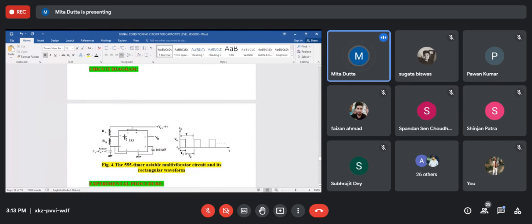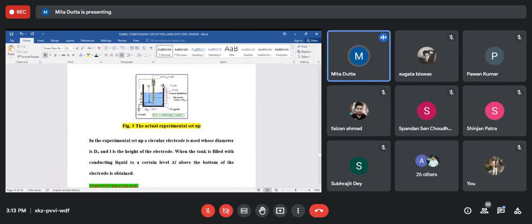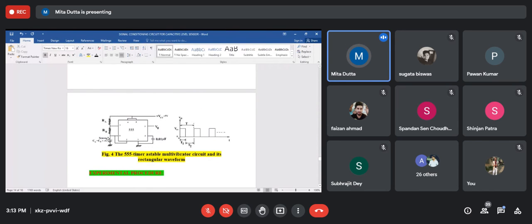Now this will be the 555 timer when used as an astable multivibrator. Capacitive sensor, this will be the capacitance, and RA and RB, two resistors we need, and the VCC here is plus 5 volt, and this will be the output pulse train.